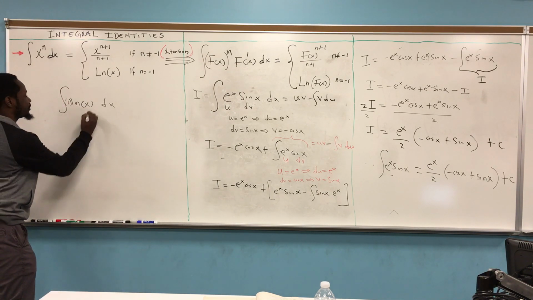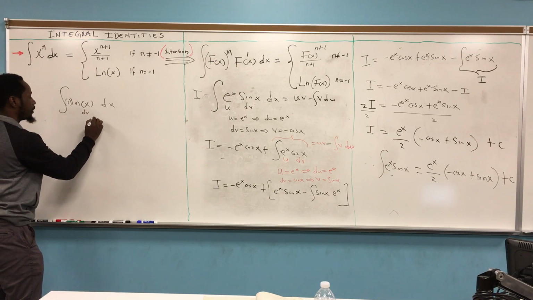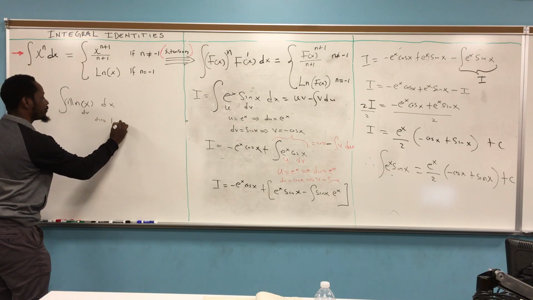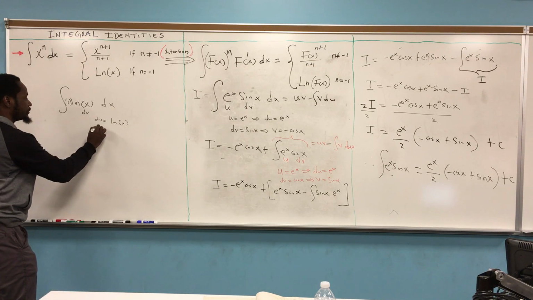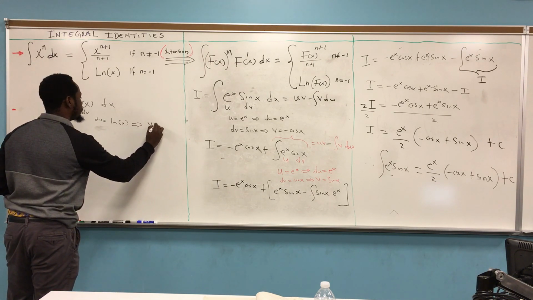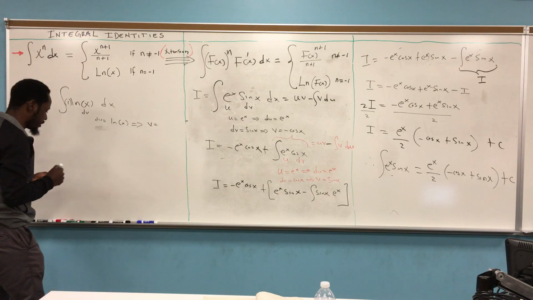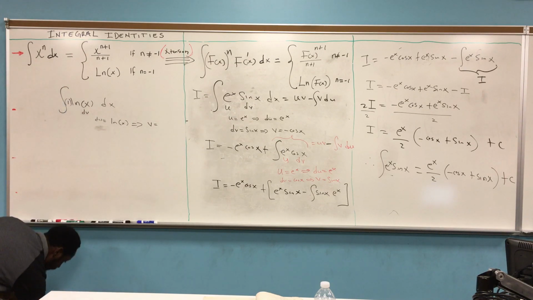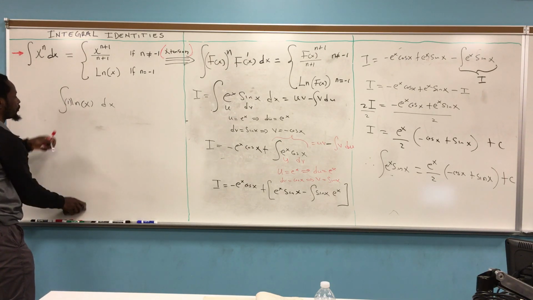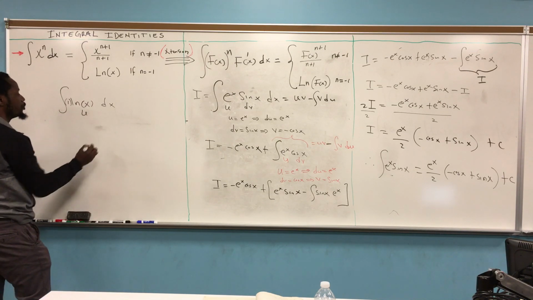And when you differentiate this, so if I call this dv, dv is natural log of x, it implies that what? V is, oh sorry, I said the right thing, did the wrong thing. It is hard to integrate, so I'm going to call it u.